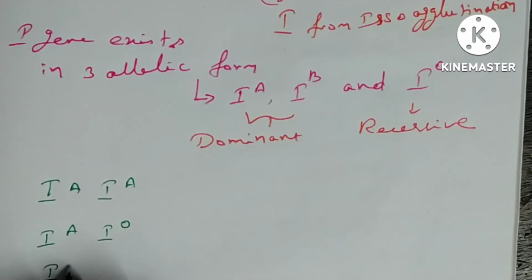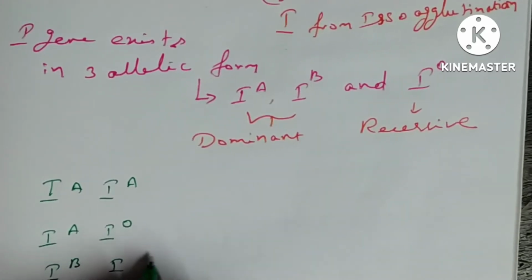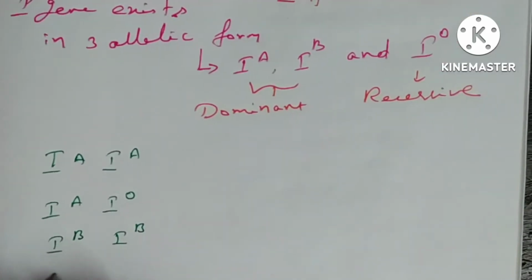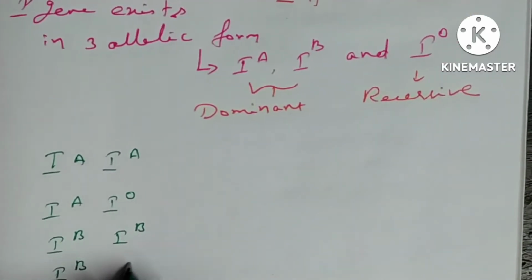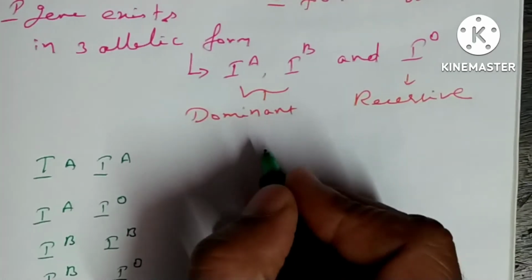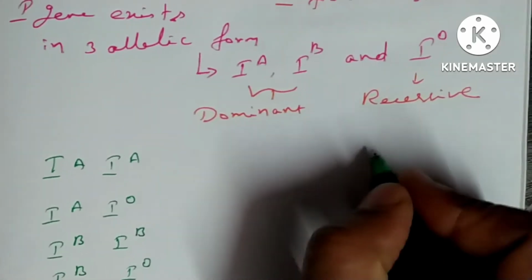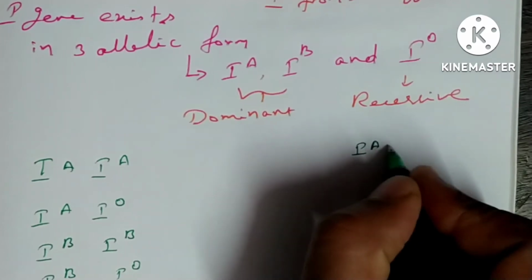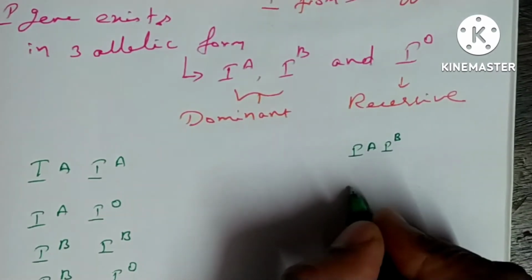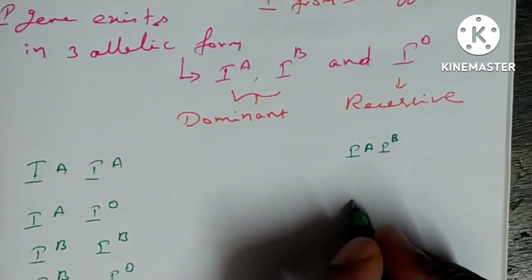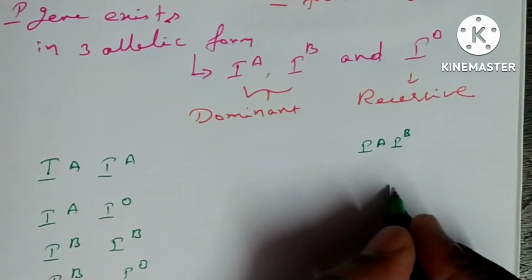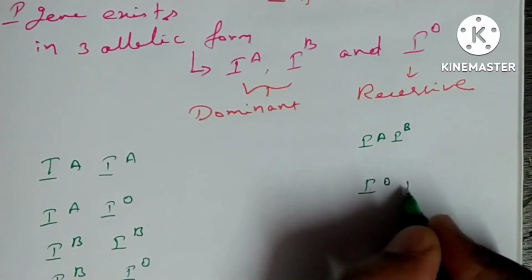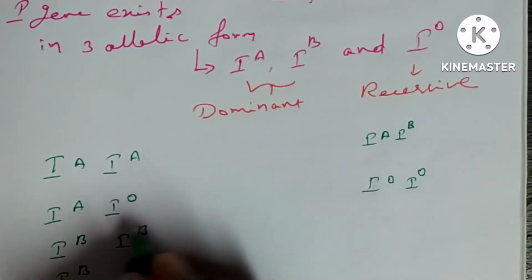Next IB, next one IA, IB, IO, IA, IB, next IO. These are the combinations.